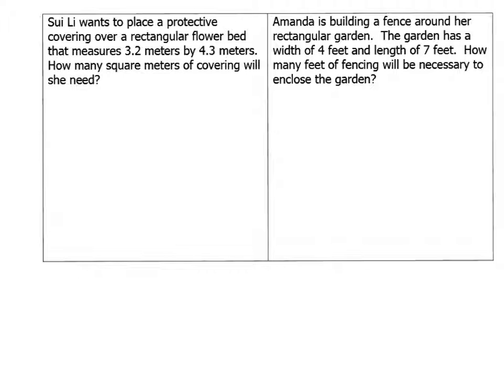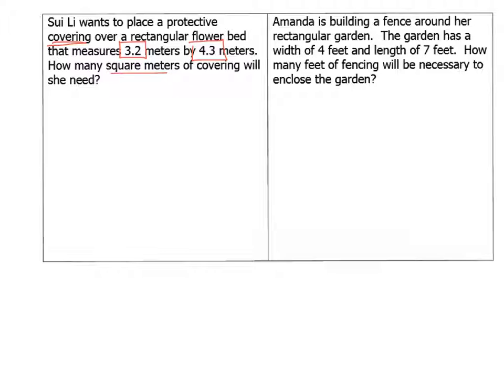While I read problems aloud, I'm going to put boxes around key pieces of information and underline keywords. So for the problem on the left, it says, Suli wants to place a protective covering, I'm going to underline that word covering, over a rectangular flower bed that measures 3 2/10 meters by 4 3/10 meters.